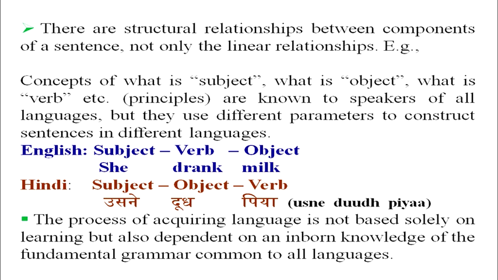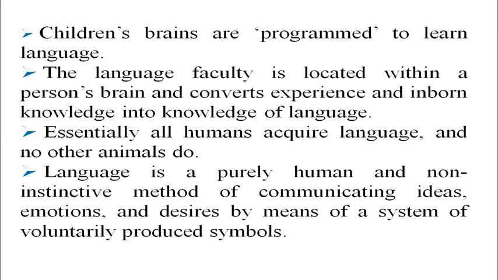The process of acquiring language is not based solely on learning but also dependent on an inborn knowledge of the fundamental grammar common to all languages. Children's brains are programmed to learn language. We have a blueprint in our brain to learn a language.